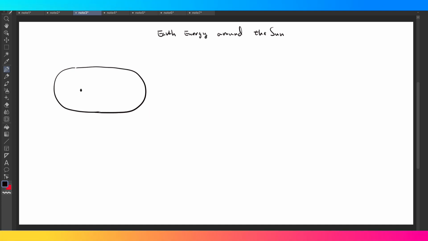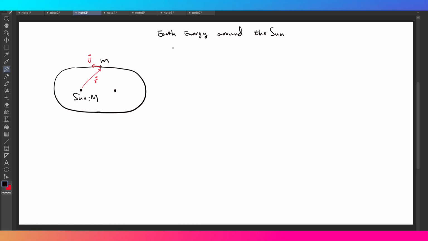And the sun, let's say, is here in one of the foci with mass big M. Now the Earth is here, little m. Suppose I know the Earth's speed right now is, let's say, v, and its distance to the sun is r.